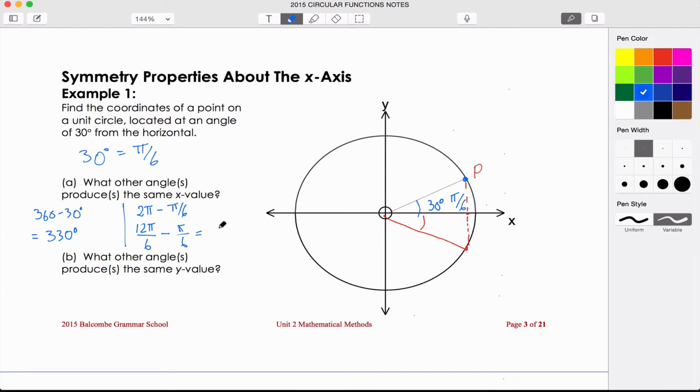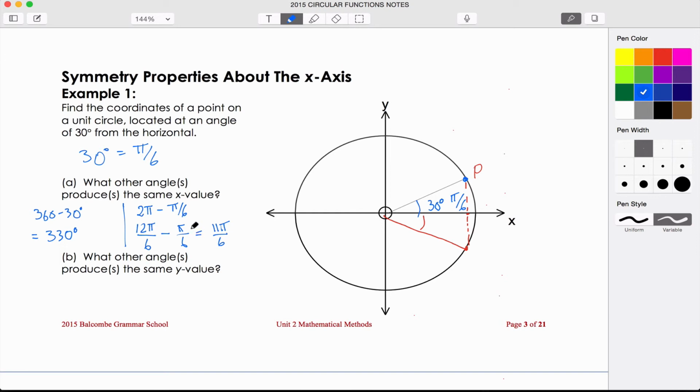And we are left with 11 pi over 6, which is equivalent to 330 degrees. I'm not going to put my radian symbol here anymore because we can assume if there's a pi in your number, then it's going to be radians.